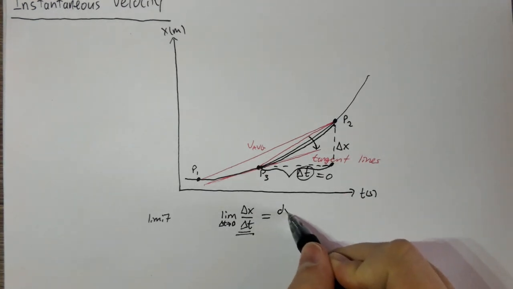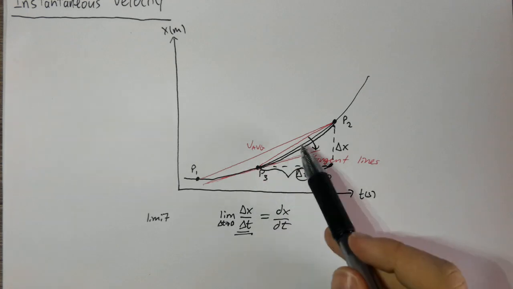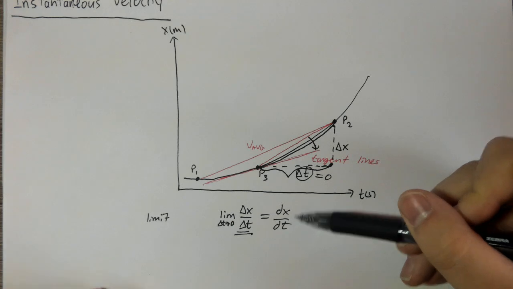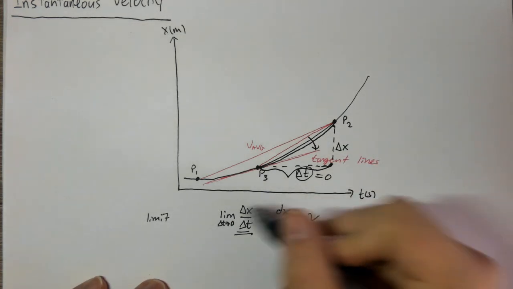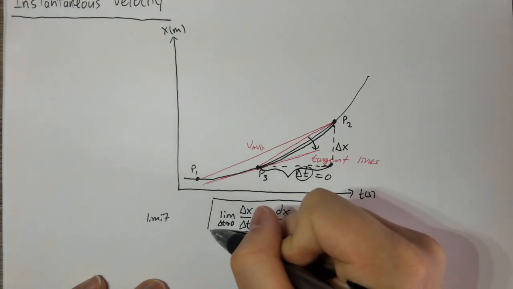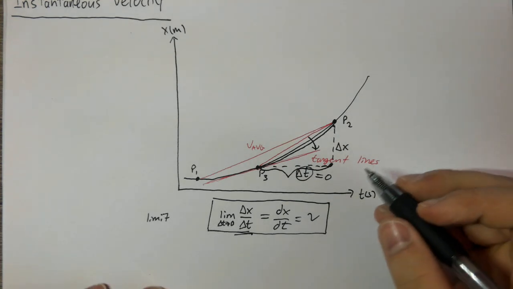And so in the language of calculus, the slope of something or the rate of change of something is called the derivative. Now the derivative, like I said, is just the rate of change of a variable with another variable.